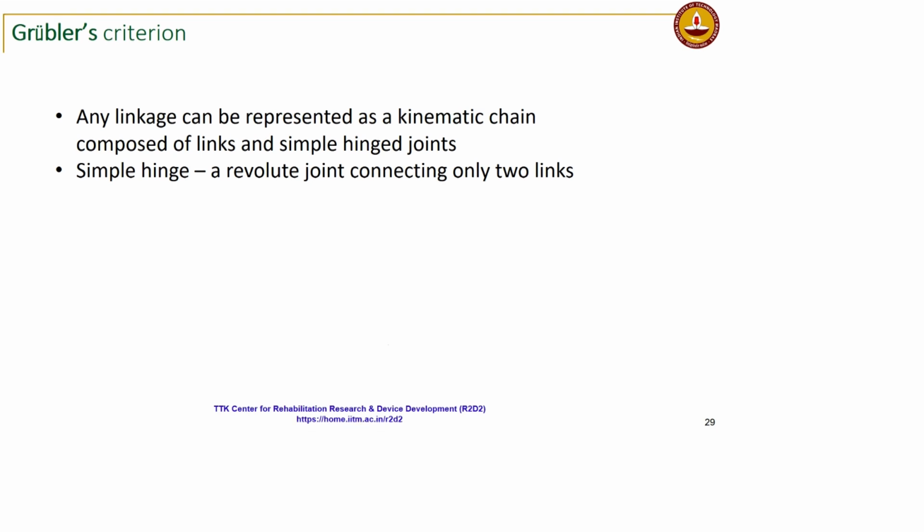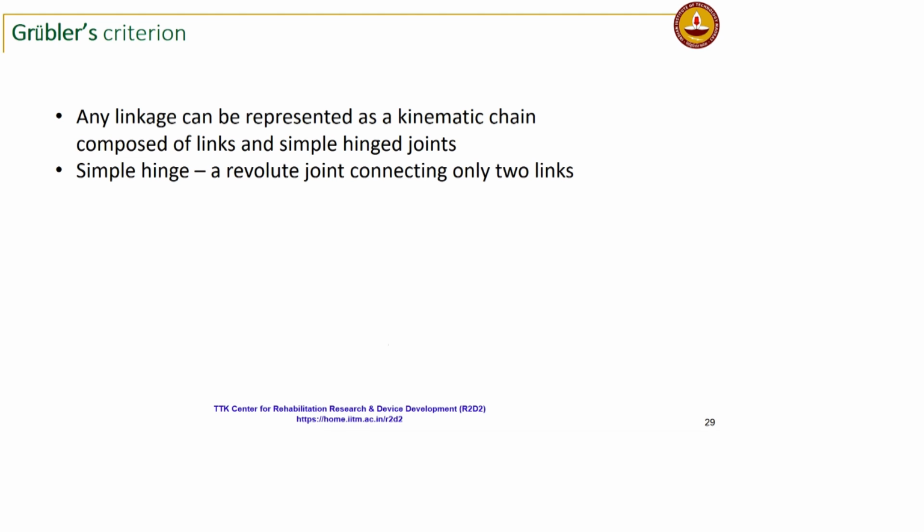You can represent any linkage. If a mechanism has only lower pairs, we typically call it a linkage. It is more generally referred to as a mechanism if it also has higher pairs in the kinematic chain, but if we are only using lower pairs, we tend to call it a linkage.